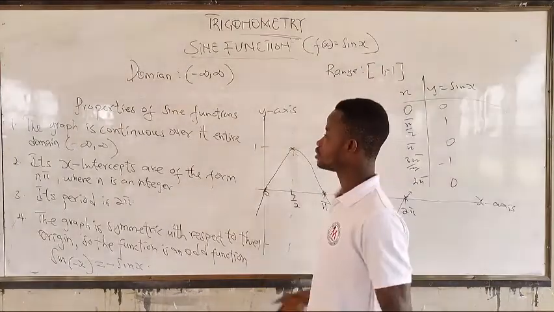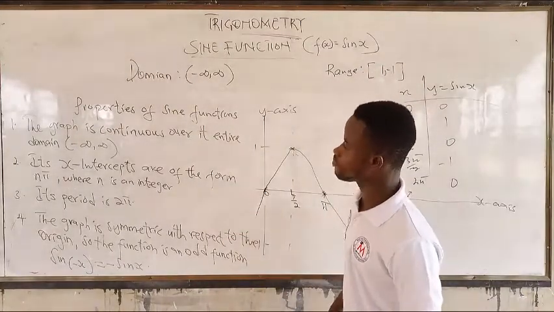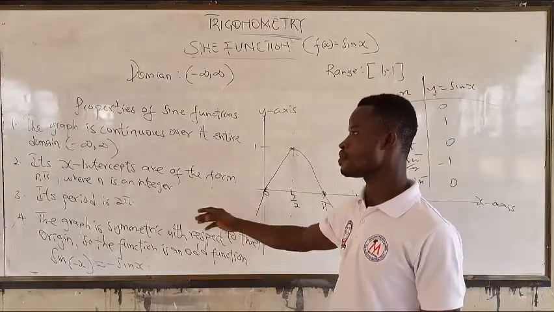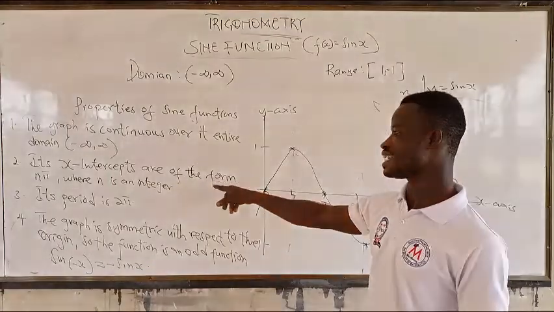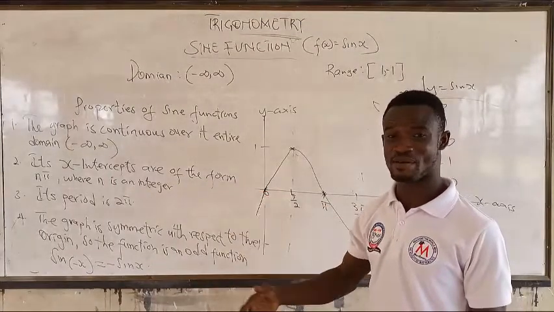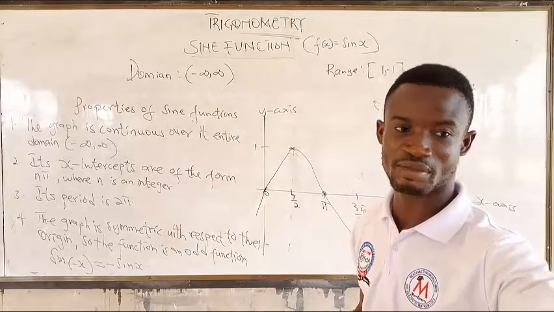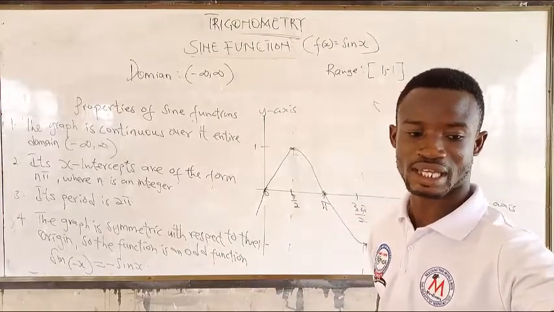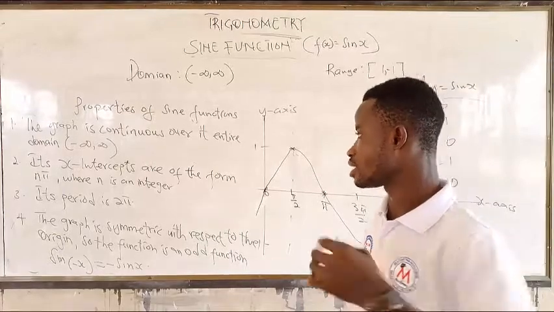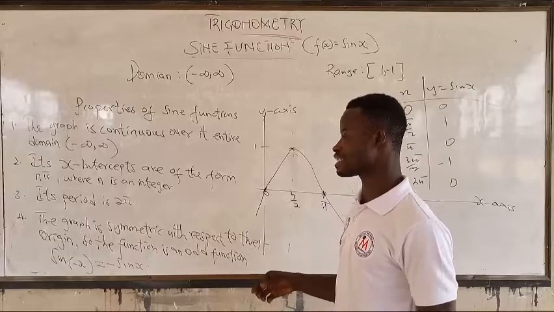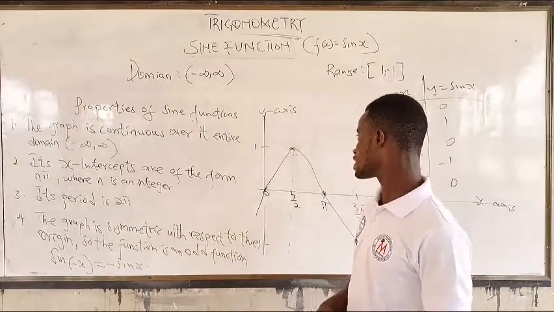Very good. Now, the second property is that its x-intercepts are of the form n pi, where n is an integer. That means that n can be 1, it can be 2, 3, 4, 5, it can go up to infinity. Very good. And third, each period is 2 pi. The period is 2 pi.